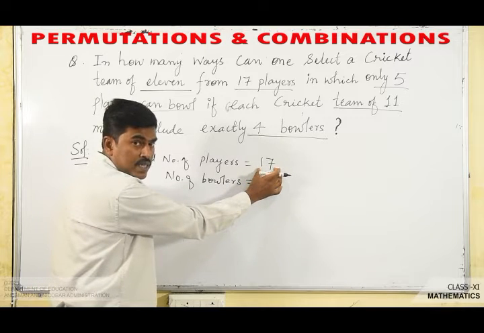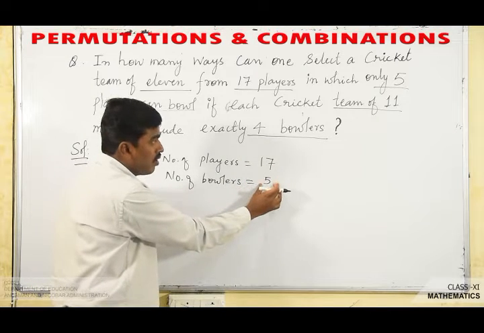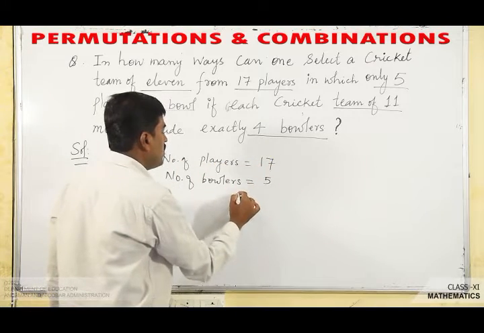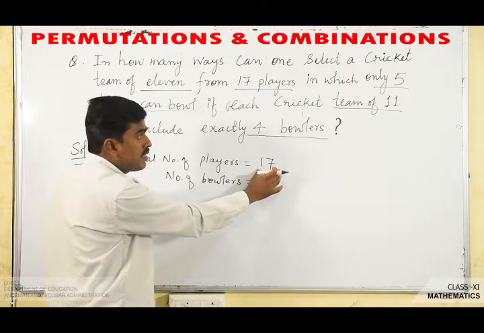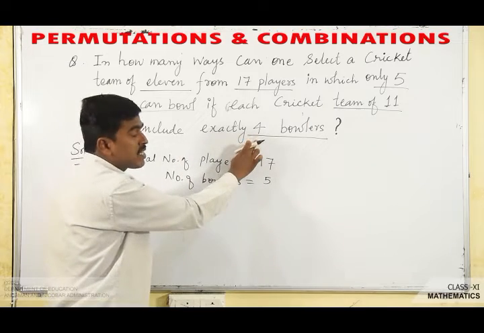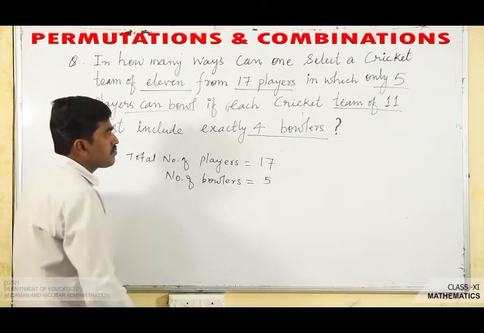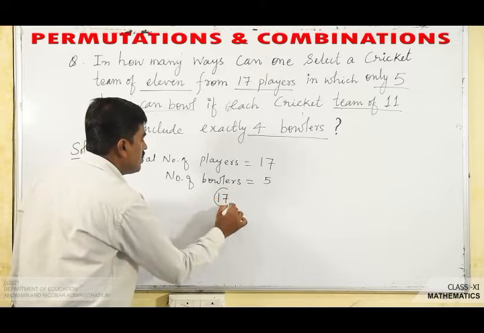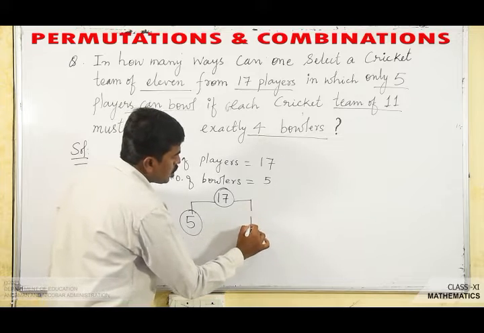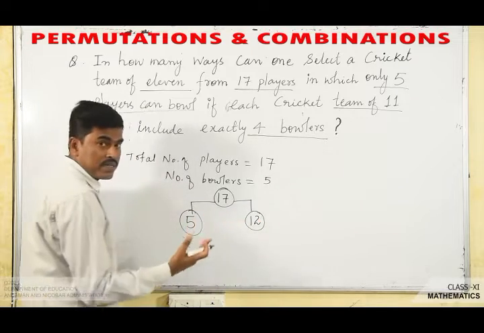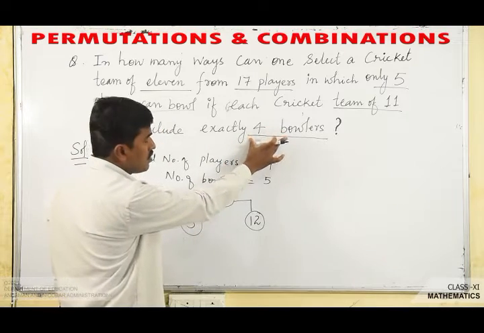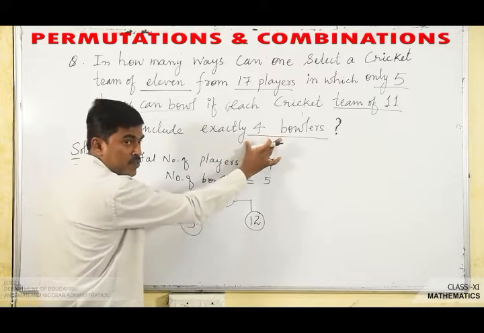Now we have to select 11 players out of these 17, but in each team of 11 there must be exactly 4 bowlers. So out of these 17, 5 players can bowl and the remaining 12 players are non-bowlers. Now we have to select exactly 4 bowlers. So in how many ways can we select these 4 bowlers?